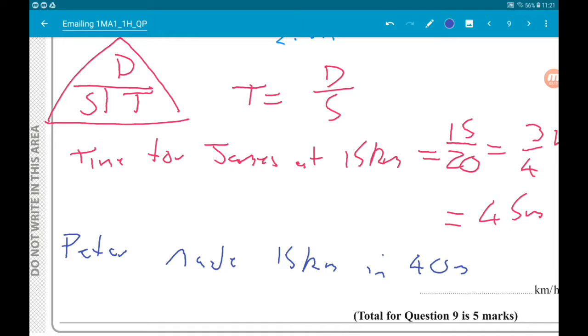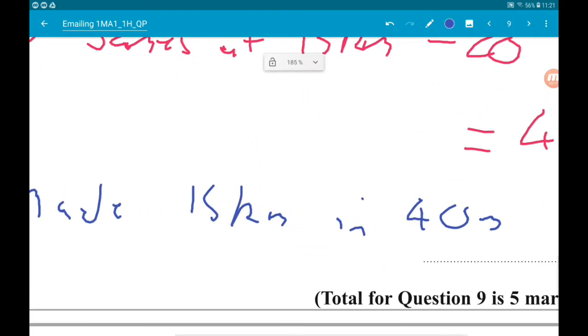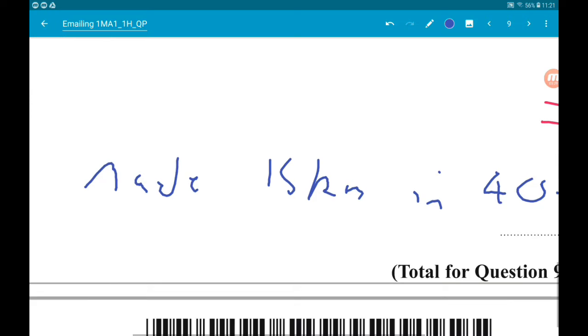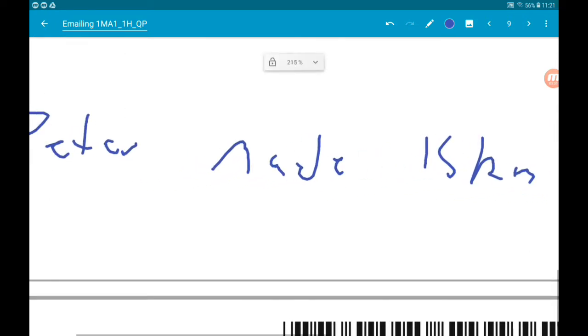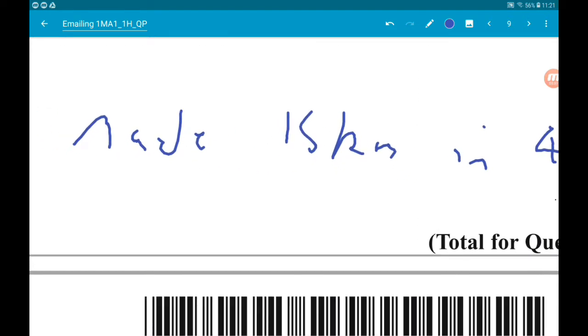Okay, so we now need to turn 40 minutes into an hour. So 40 minutes is 2/3 of an hour. So we can say that 2/3 of an hour, or, well, let's just find 20 minutes. Let's not get fractions involved.